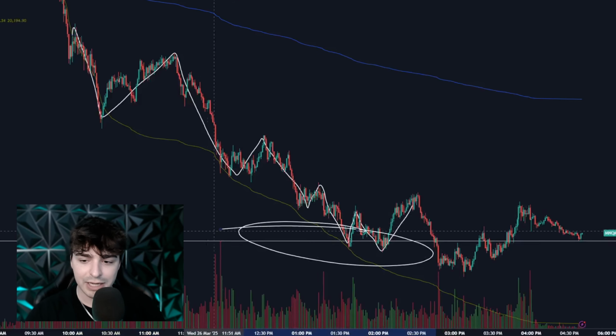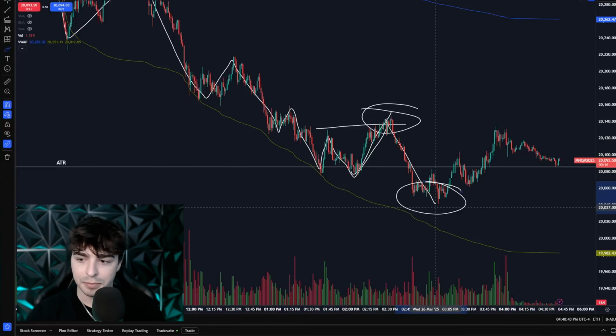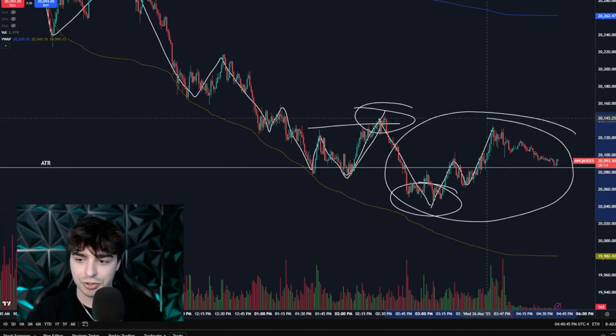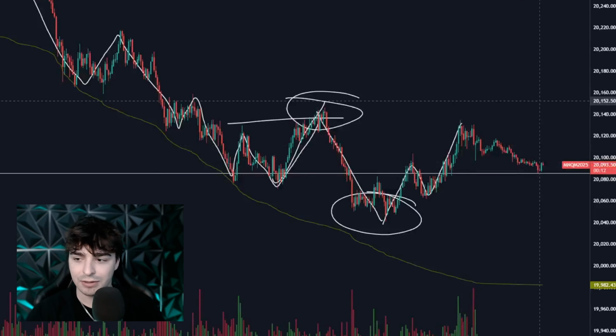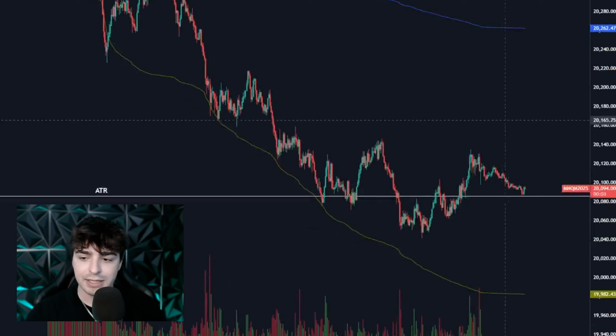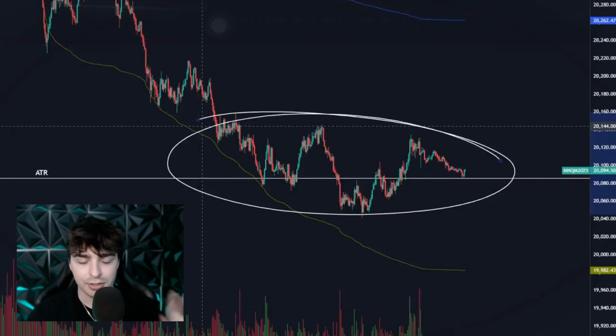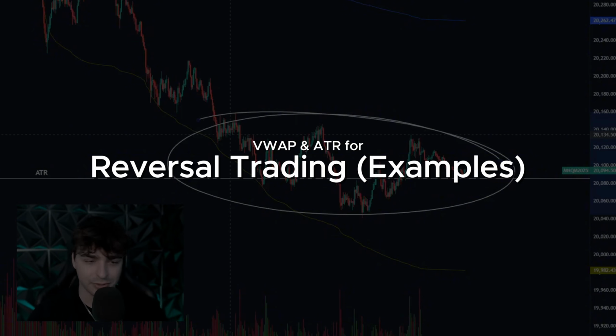And as soon as we get to ATR, what ends up happening? We get a higher high, and then we get a lower low, sure. But now look at what's happening. We're starting to struggle and pull back, and it looks like we may get another higher high. So the trend immediately starts to weaken once we get to that ATR, which means that once we get to that ATR, we should no longer be looking for shorts. Now, this is where reversal traders get to come in.